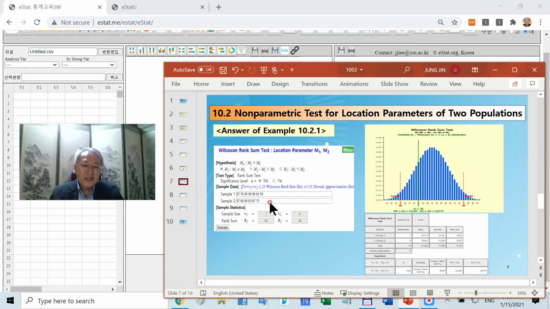For the actual calculation, if you enter data like this, sample 1, sample 2, and click the execute button, they'll generate the critical line as this one. The test statistic is located here. You would have output related to this test.